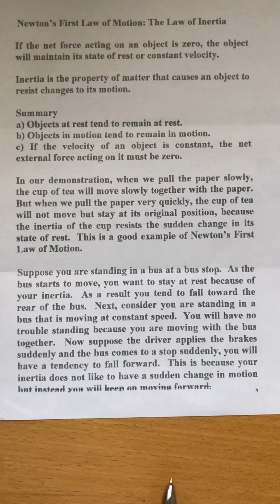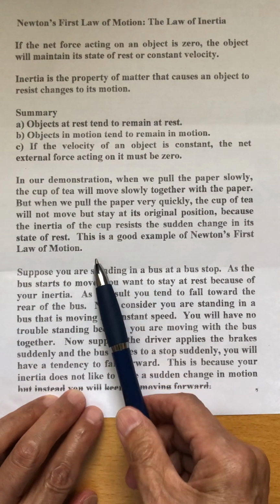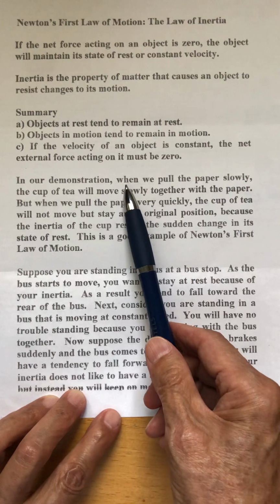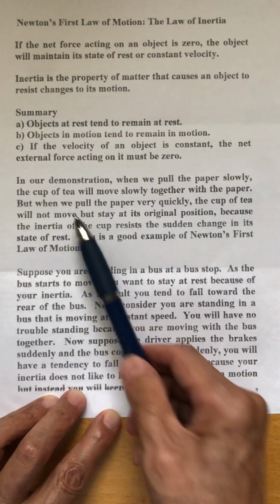Now let's go back to our last video. In the last video, I have a cup of tea, and the cup of tea is resting on a piece of paper. I showed in the video, first of all, I pull the paper very, very slowly.